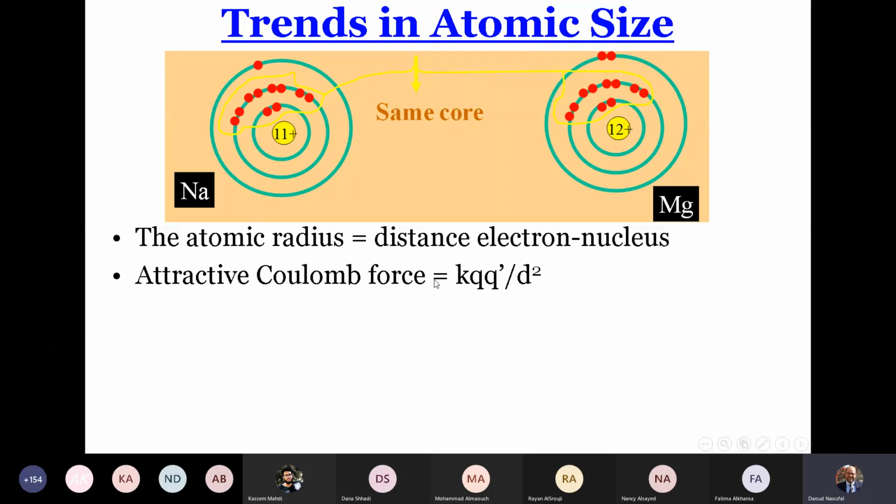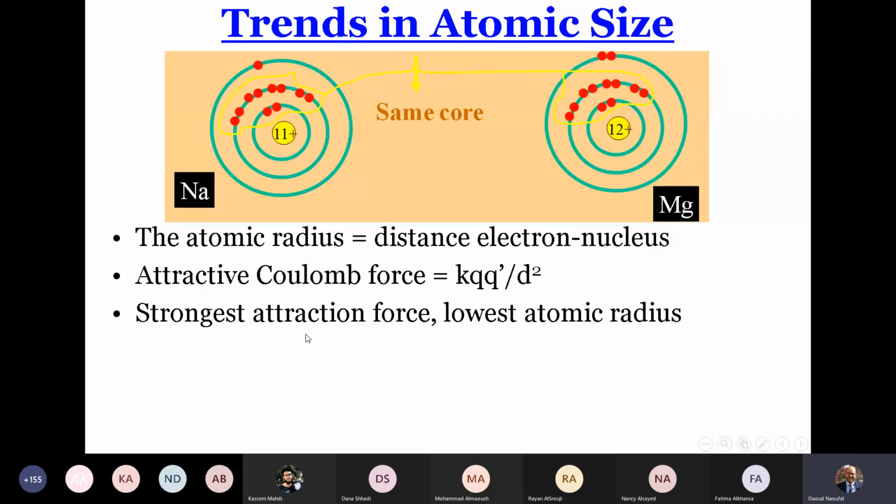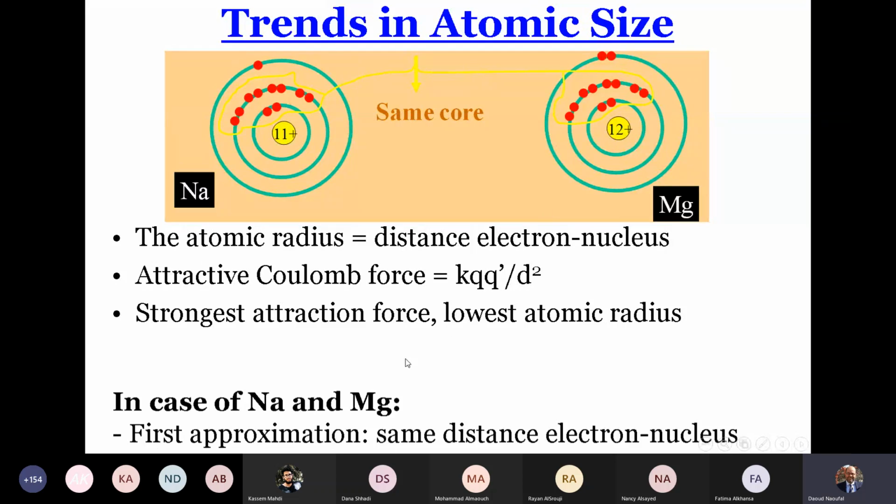So the factors that affect the force are the charges Q and Q prime. As QQ prime increases, the attraction force increases, so the electron is more attracted by the nucleus, so the radius decreases. So I have to compare now QQ prime in sodium and QQ prime in magnesium.